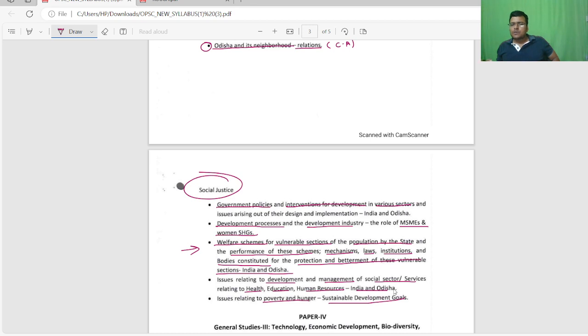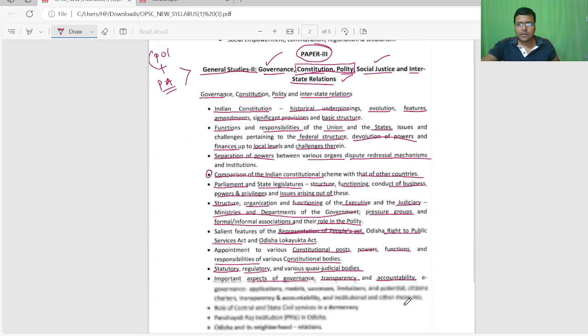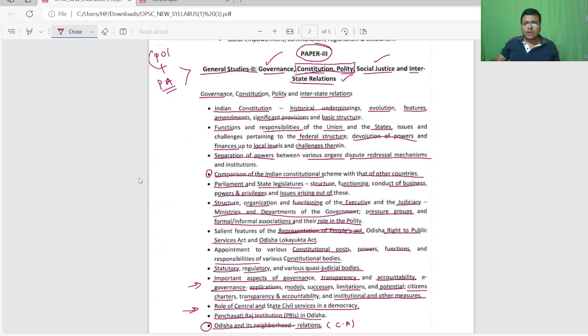Getting it? So this is the complete syllabus, and inside it many things are there. That means if you elaborate it, it again becomes 2-3 pages. So we will take everything, and we will also discuss the last 8 years of UPSC mains questions.